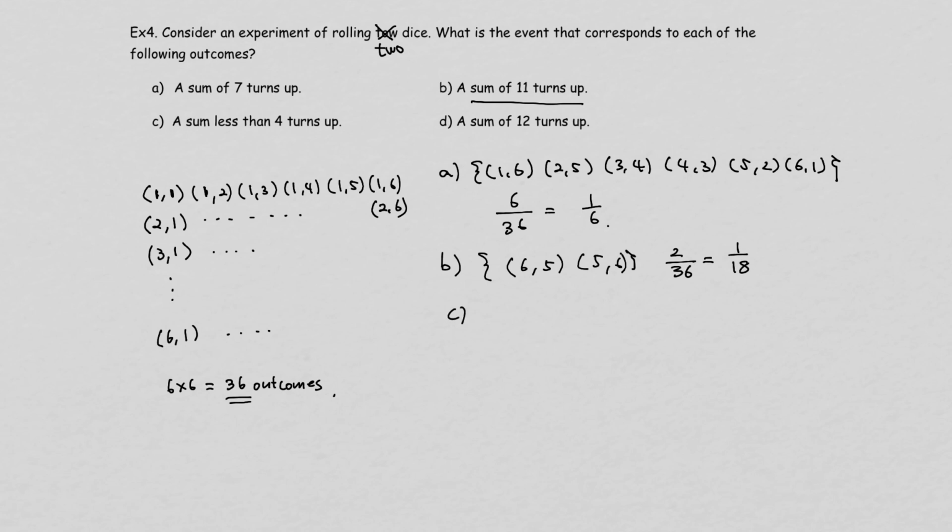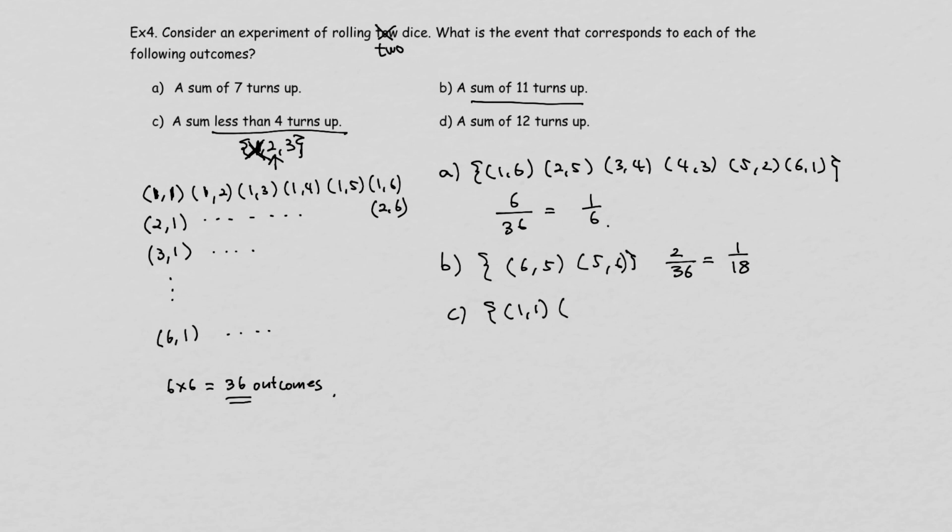C is asking less than 4. Less than 4 means 1, 2, 3 happening. But none of them is going to be added to be 1 because the smallest number when you add 1 and 1 is going to be 2. So 1 is excluded. So how many do you have for 2? That will be just 1 and 1.